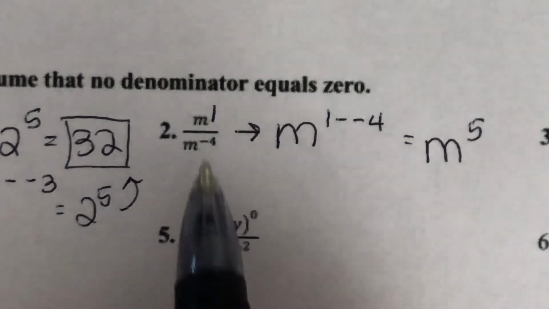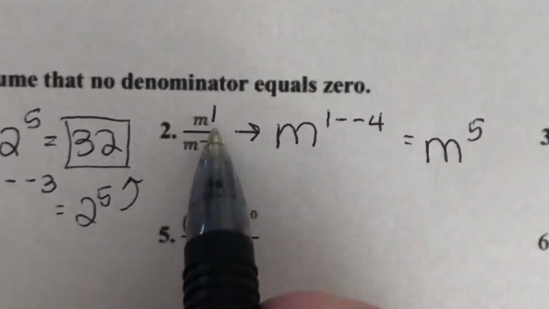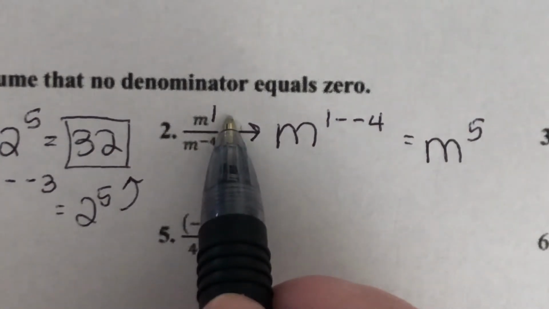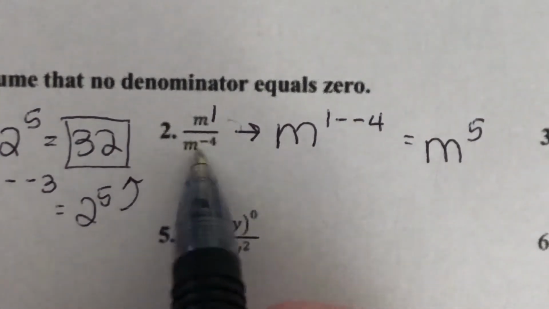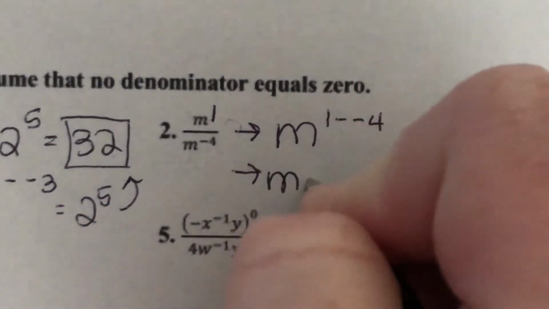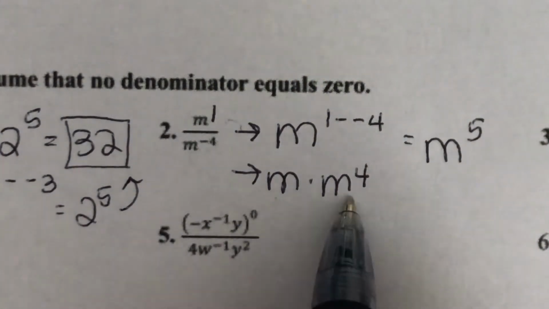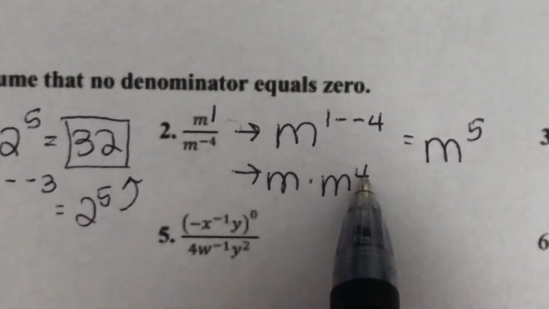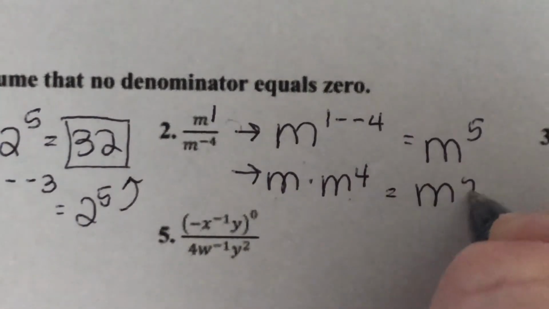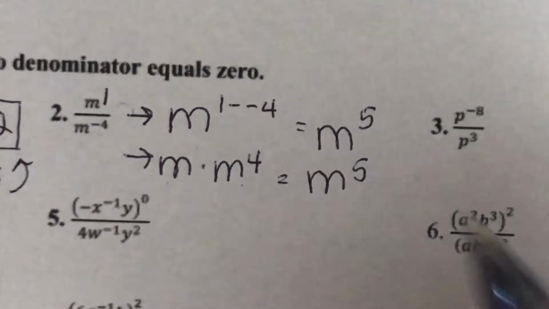Or you can say, all right, well, this isn't supposed to be down here since it's got a negative sign, so I need to move it up to the top of the fraction, and it's just going to become m to the 4th up here. So I'm going to have m times m to the 4th. And when you multiply bases, you add exponents. 1 plus 4 is 5. So whichever way you want to do it, you get the same answer at the end.